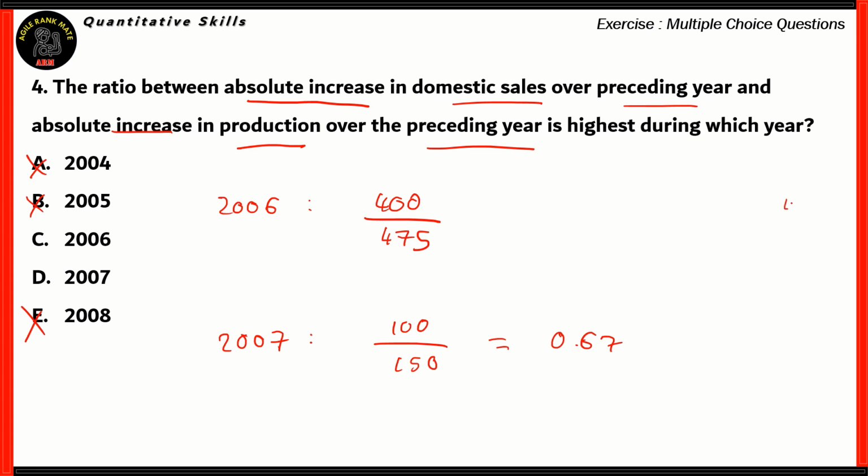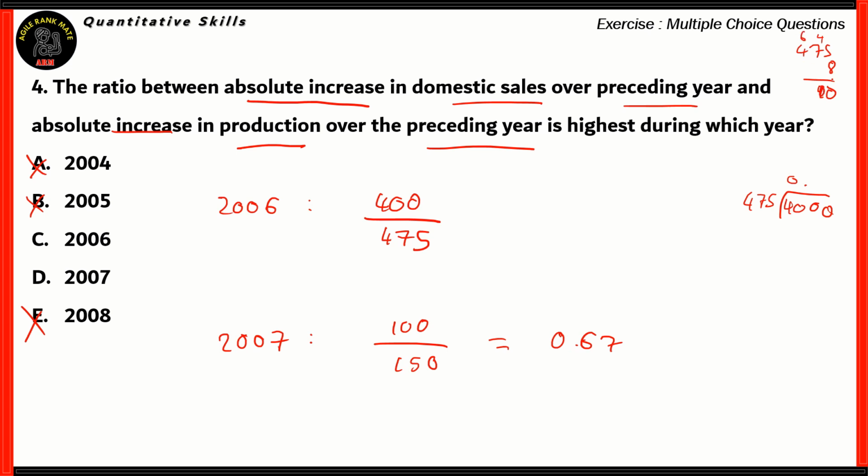Now for 400 over 475, we would need to calculate it. So you have 4,000. 475 times 8 would give us 56, 59. 56 plus 4, so that basically it's 60.